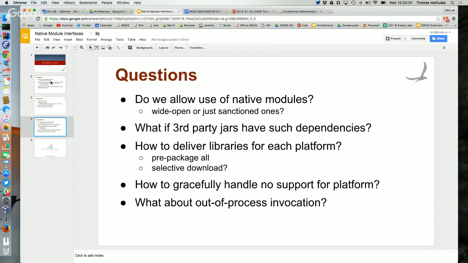Here's a question: should ONOS really be reporting on CPU states, or on information about the memory other than its own heap space?